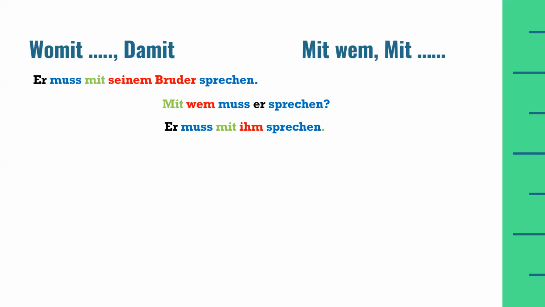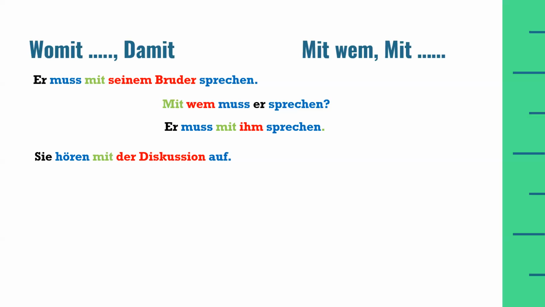He must talk with him. Why we have to use ihm is that we are using a dative preposition, therefore we have to take the personal pronoun for a masculine noun from the dative case, which is ihm. And we cannot use damit because damit is used for things, and for living persons, we always have to use the personal pronouns.